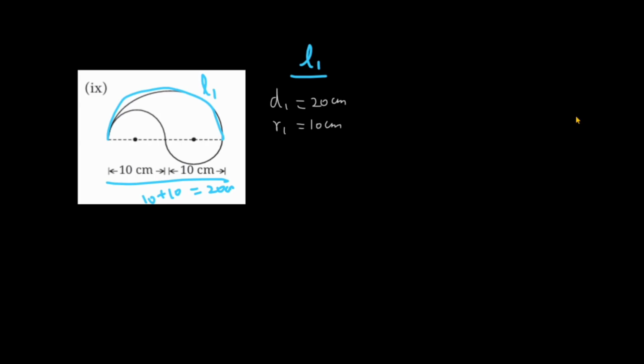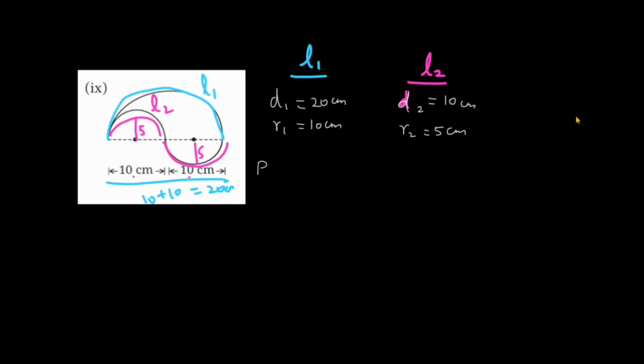Next, for this arc diameter is 10, so radius is 5. Then for this arc, say this is L2, and this arc once again diameter is 10, so radius is 5. So L2 same radius. L2 diameter D2 is equal to 10 centimeter. So R2 is equal to 5 centimeter.